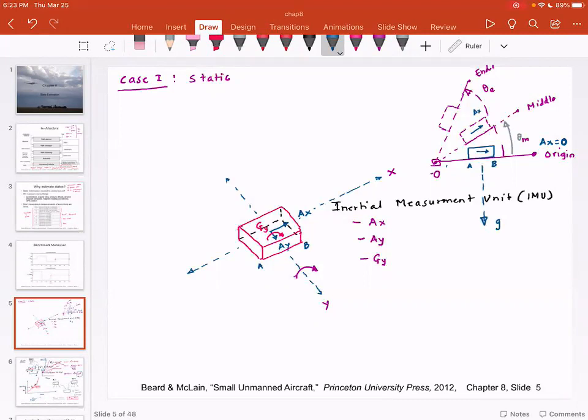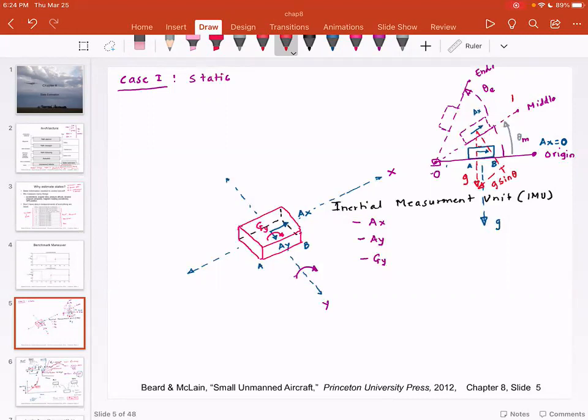And again, I'll just show you, this is the direction in which gravity is acting, and the accelerometer is going to measure G. So if this is my G, this is going to be G cosine theta, and this is going to be G sine of theta.